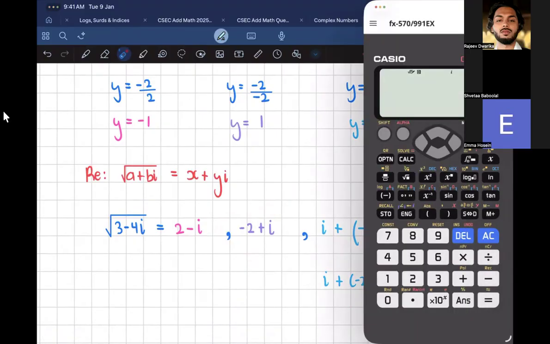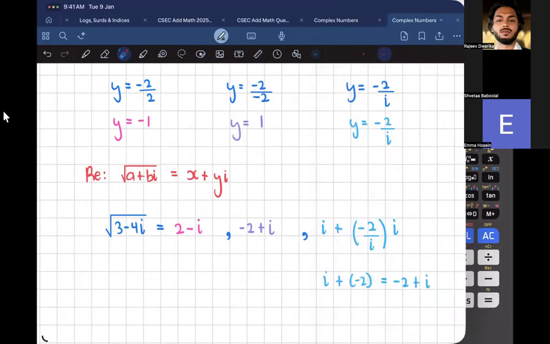So let's check if the answer is correct, right? Shweta, when I square my answers, what am I supposed to get? Not the square root of 3 minus 4i. Remember, the whole point of this was to find the square root of 3 minus 4i. It's like the question asking us to find the square root of 25.